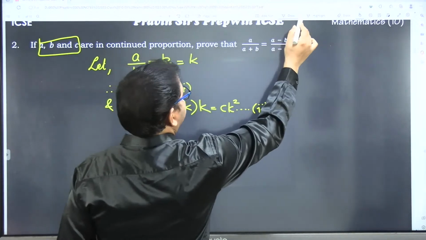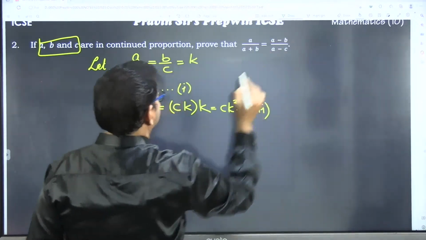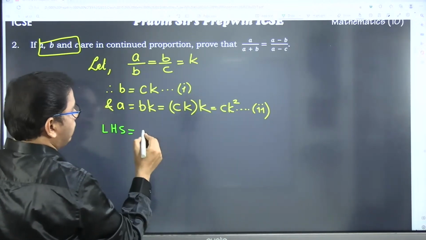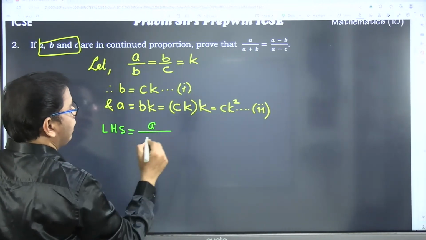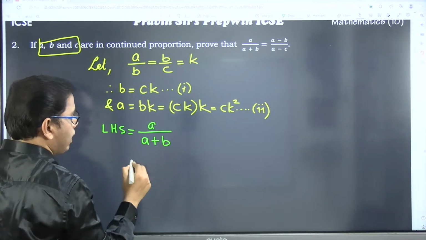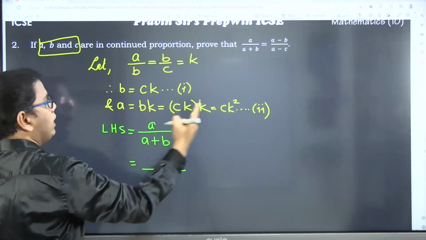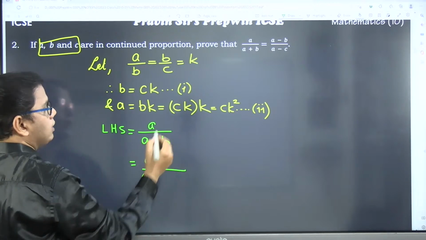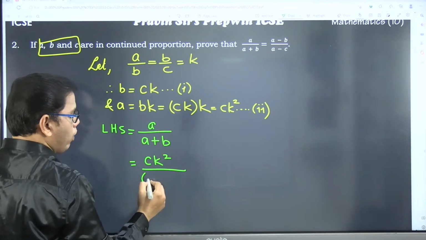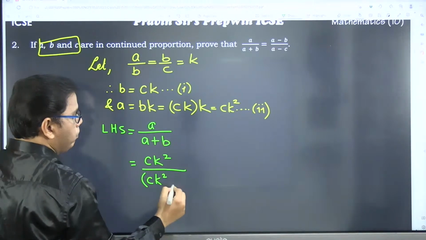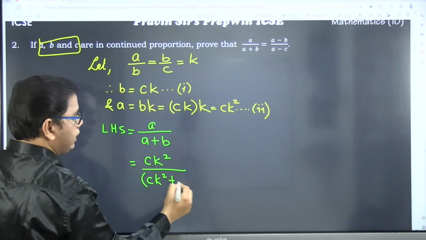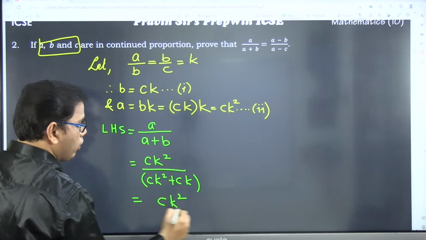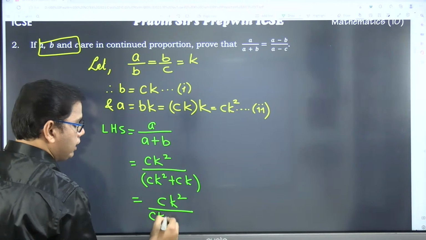So I am ready to solve my question now. I will be starting with LHS, that is the left hand side. This question seems to be very easy. A upon A plus B is my left hand side. A is CK square and B is CK. The numerator is as it is CK square, and in the denominator you can take CK common.